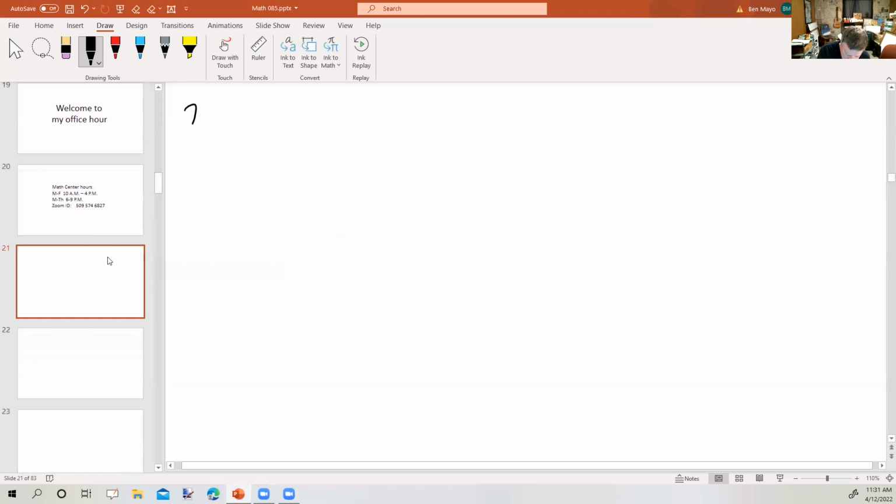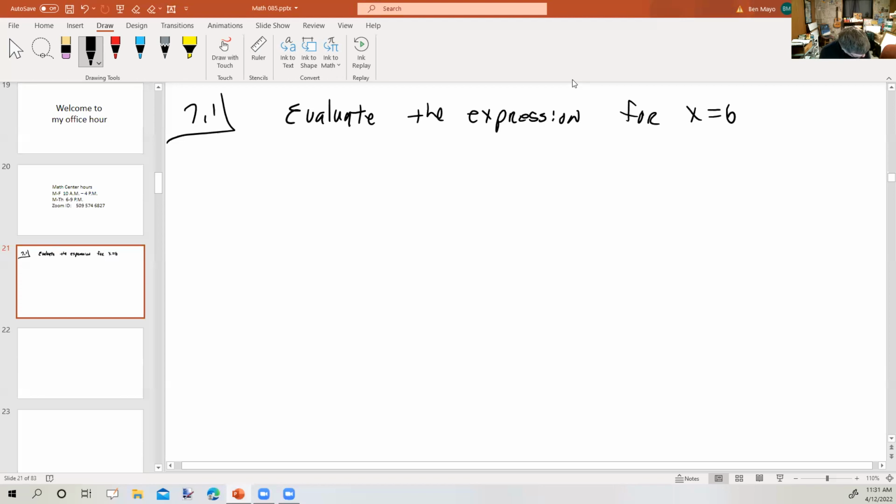All right, so this is Section 7.1. And this first problem says, evaluate the expression for x equals 6.